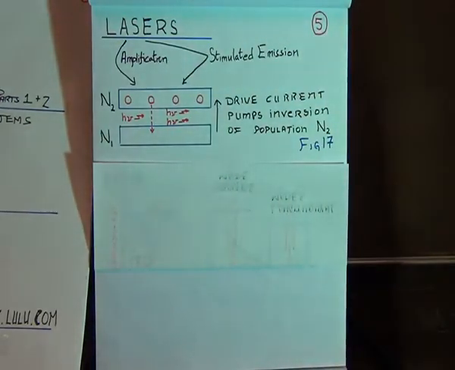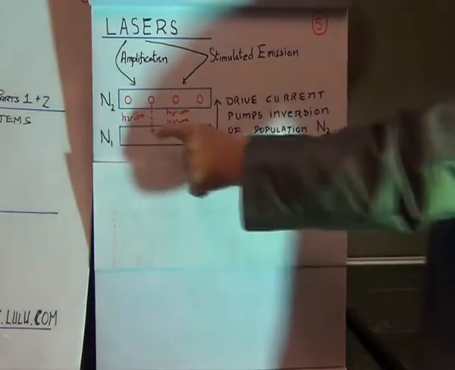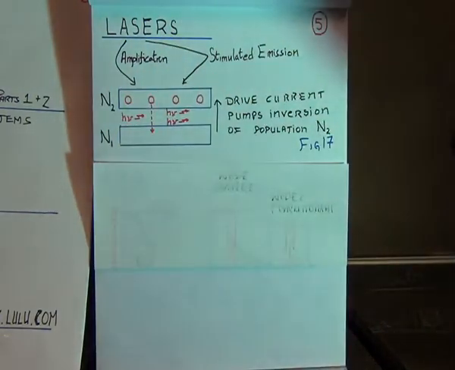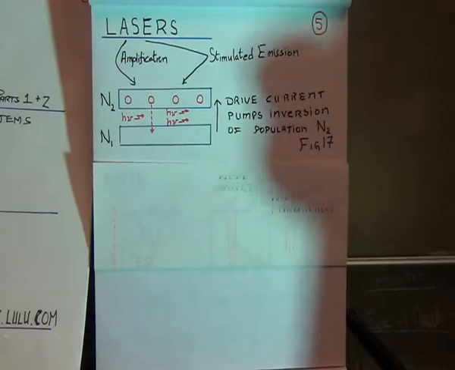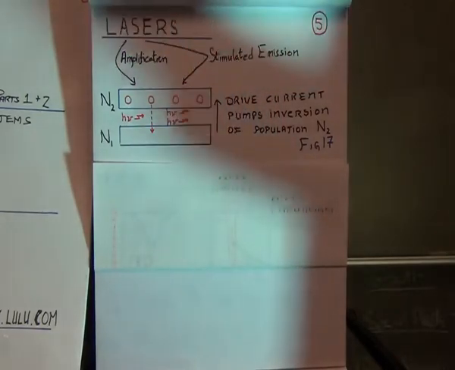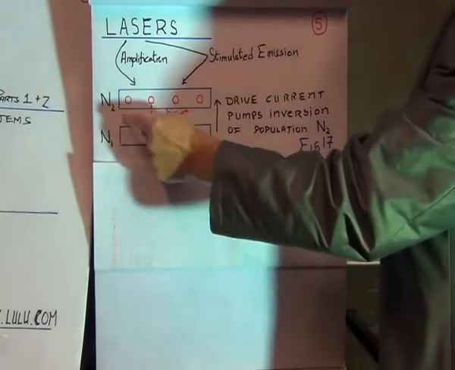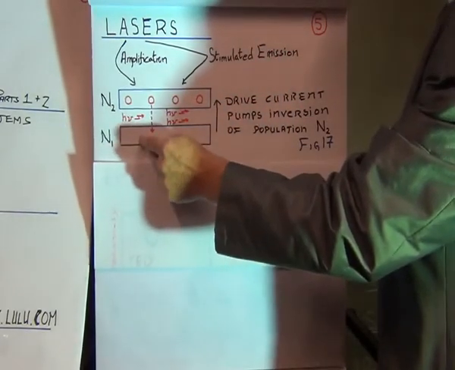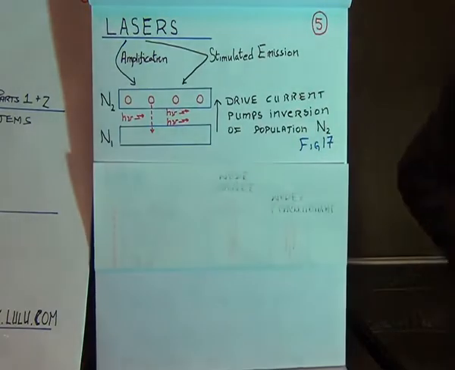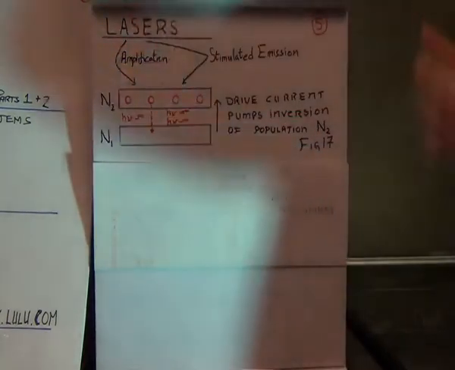The trouble is, Einstein showed, and it's not hard to show, we'll do it in a minute, that it's equally likely that this photon will stimulate absorption, and become absorbed.